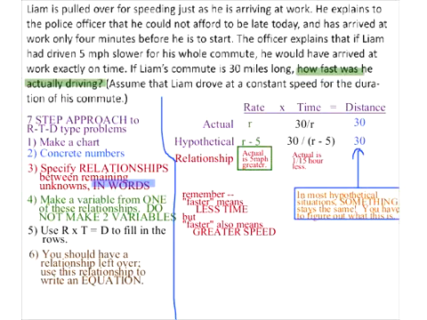So in this case, the relationship that's left over is that the actual time is 1/15 of an hour less. So we can write the actual time is 30 over R equals the hypothetical time plus 1/15.